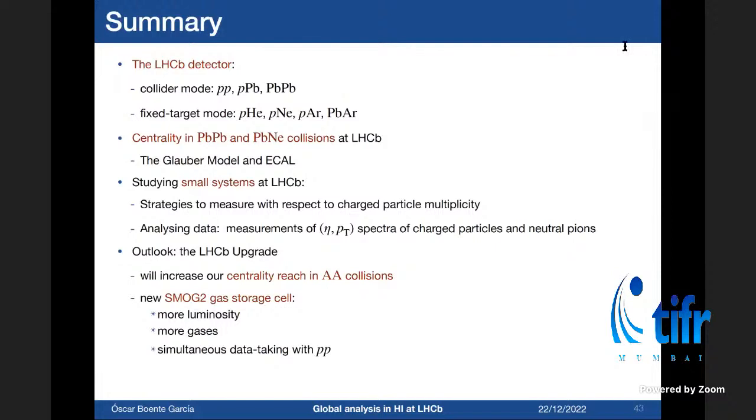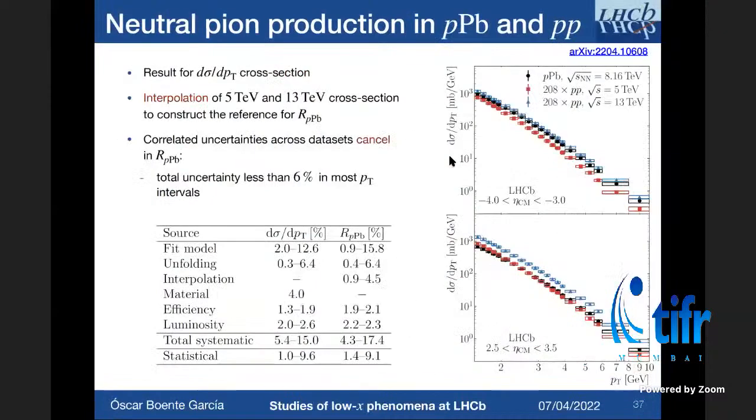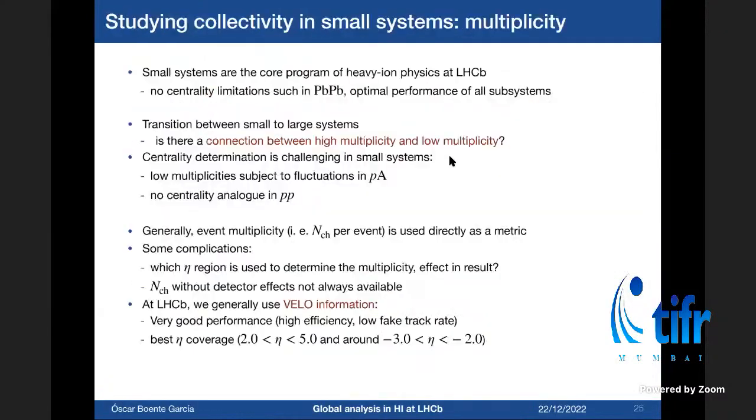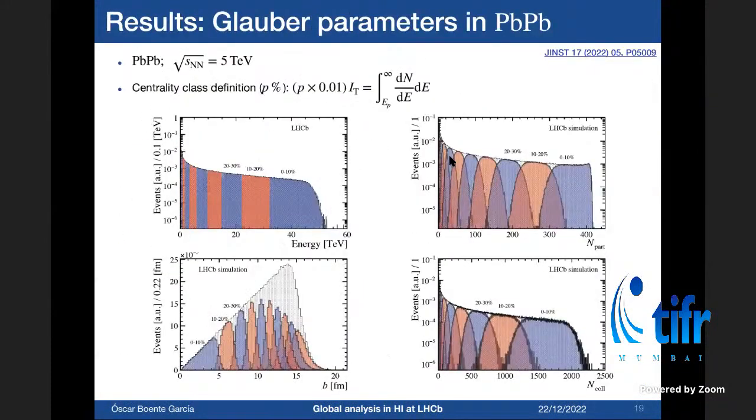So the first is, what is the role of the Glauber model in centrality determination? Is centrality determination entirely driven by the measurement of charge particle multiplicity? Yeah, the thing is that when you talk about centrality, you are actually referring to geometrical quantities of the ion-ion collision.